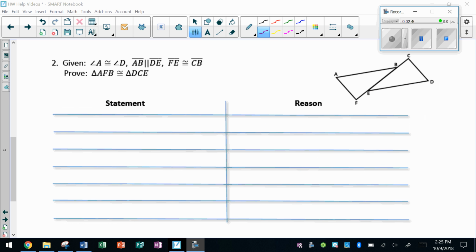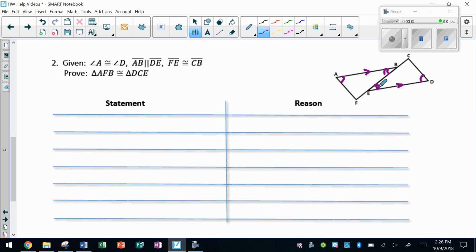Question number 2 gives us angle A congruent to angle D, so I'm going to mark my picture. They also tell me that AB is parallel to DE, so I'll mark that. With parallel lines, I also notice the zigzag Z right here, so I'm guessing we have a pair of angles here and here that we can state are congruent because they're alternate interior angles.